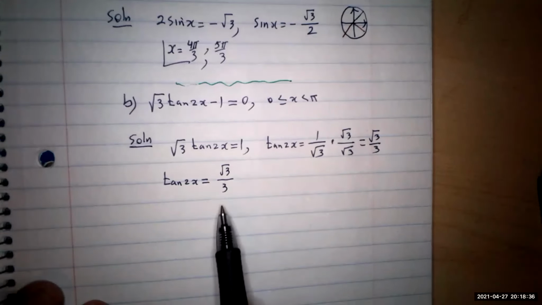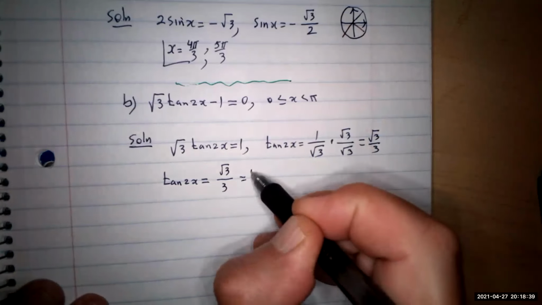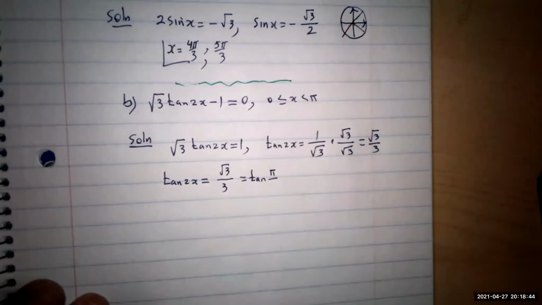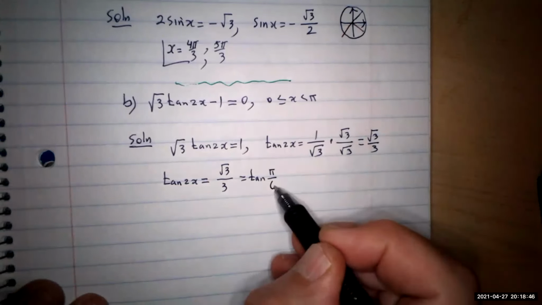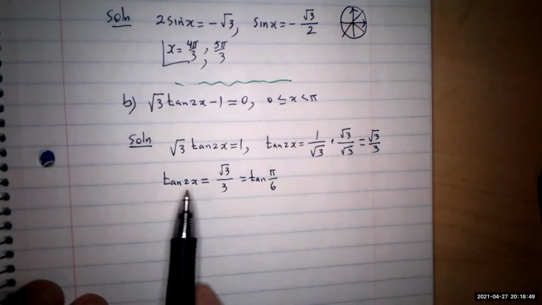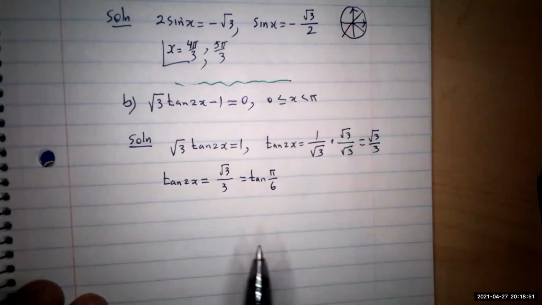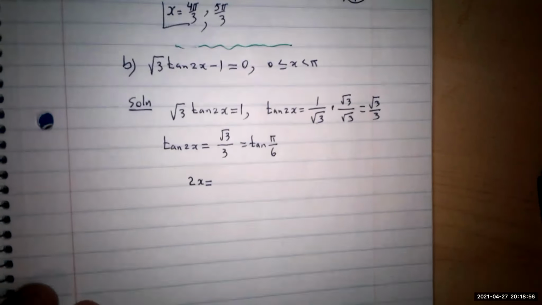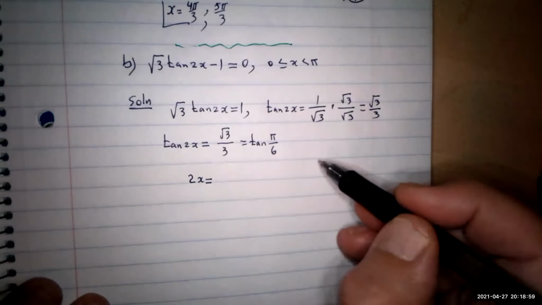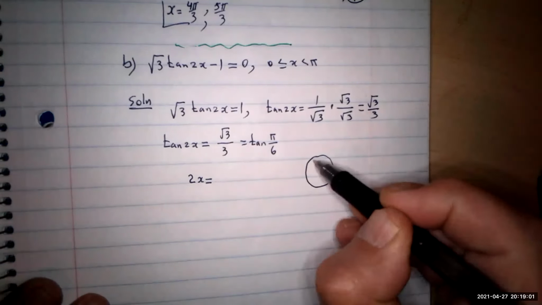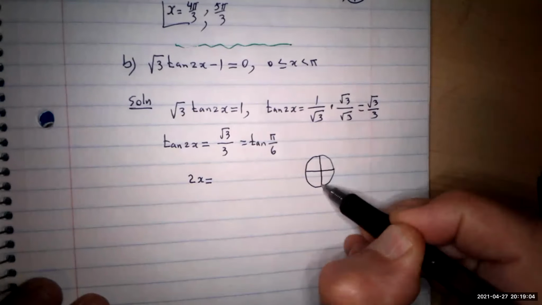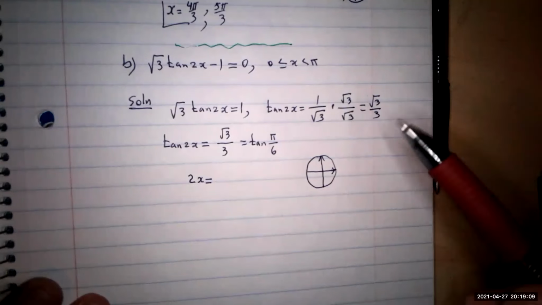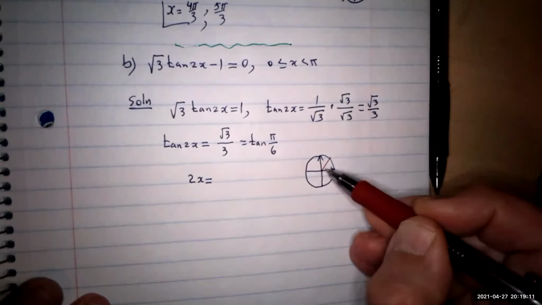Now, radical 3 over 3 is the tangent of 30 degrees. It's going to be pi/6, 30 degrees, but this is a 2x. So one solution is 2x equal to, because the tangent is going to be positive here, and it's going to be positive here.